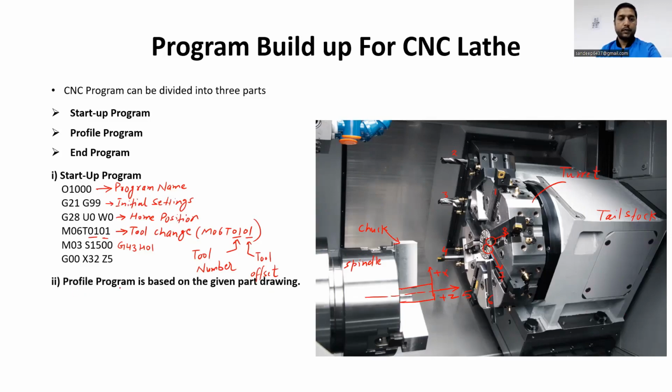After that, we have the profile program, which is based on the given part drawing. And the last part is the end of the program, which consists of G28 U0W0, which stands for returning the tool to its home position. Then M05 is the spindle stop.